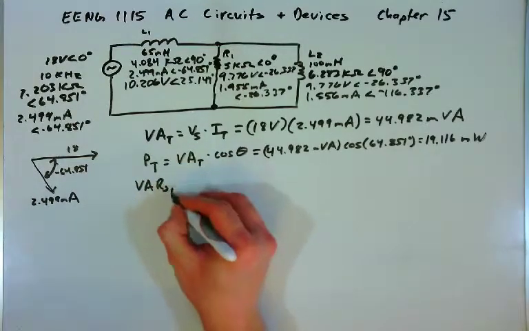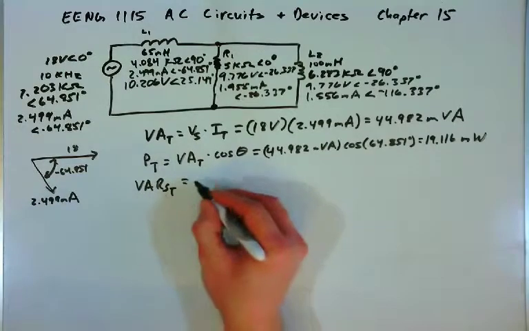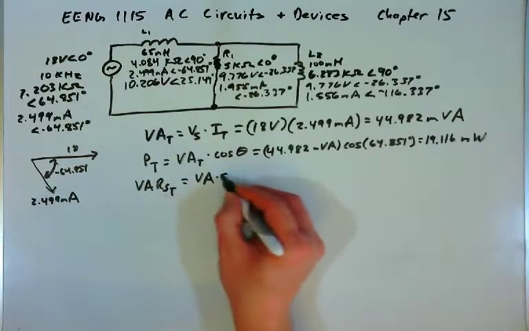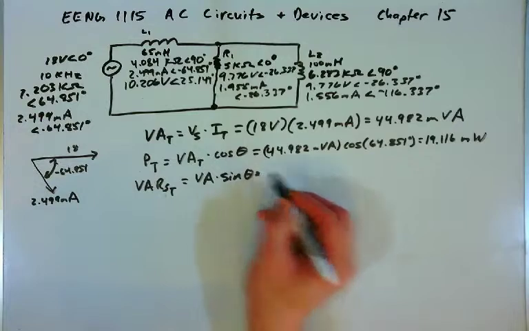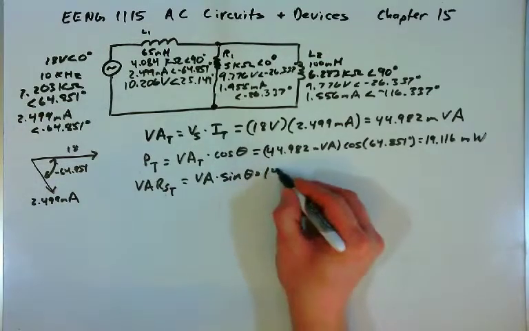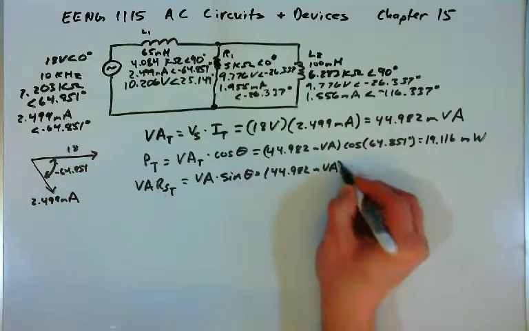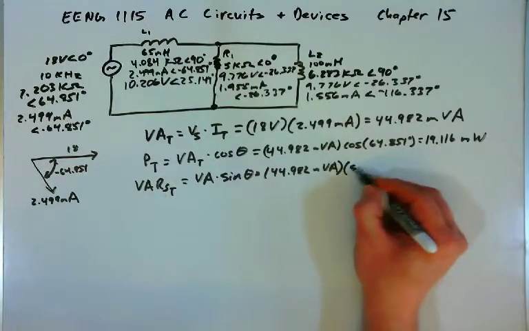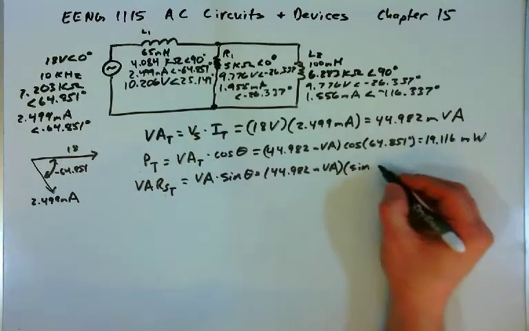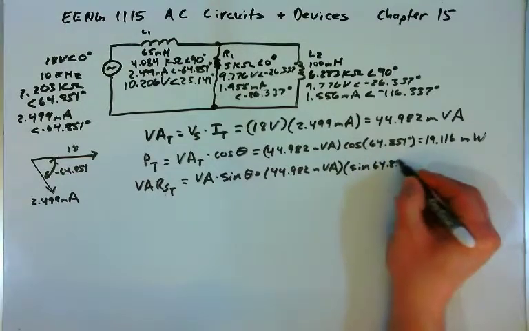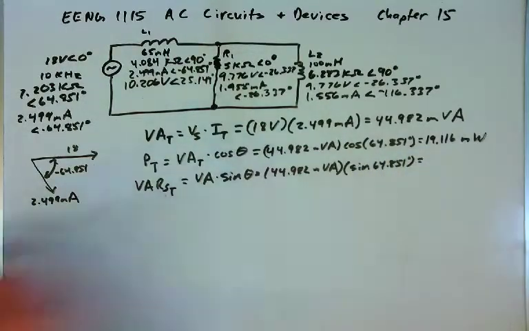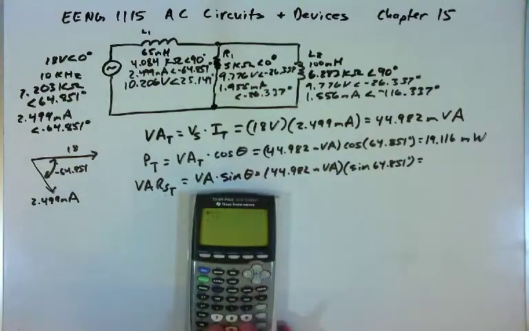Now we can find the volt amps reactive total for the circuit. And so that's going to be the volt amps times the sine of the angle. Volt amps is 44.982 millivolt amps. And we're going to multiply by the sine of 64.851 degrees.